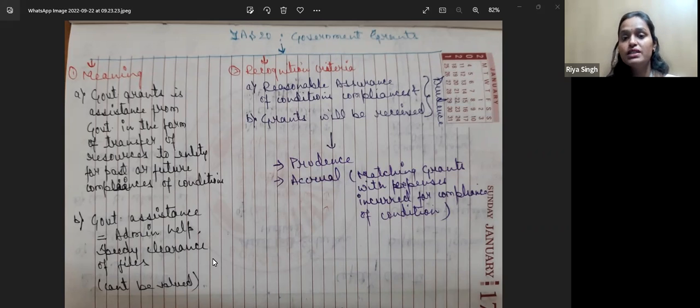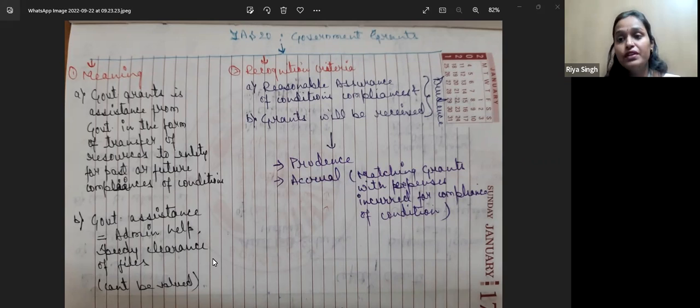Now what is prudence? Whatever help we are going to receive from the government, there should be an assurance of the same. It should not be only on paper, but in actual fact we are going to receive that kind of assistance. That is the first condition of prudence.